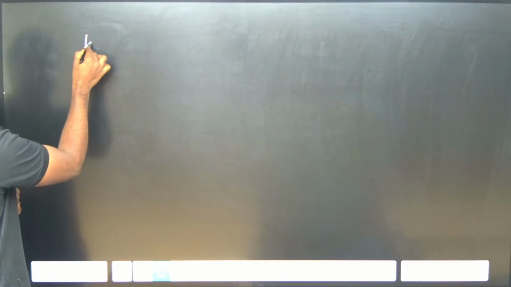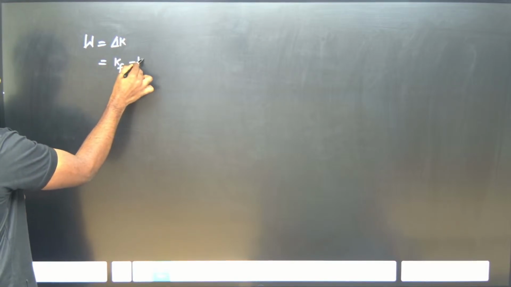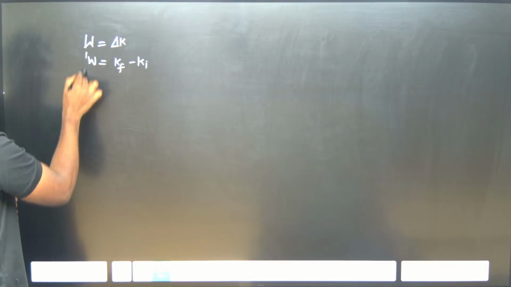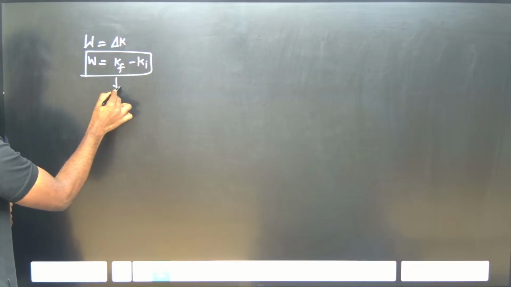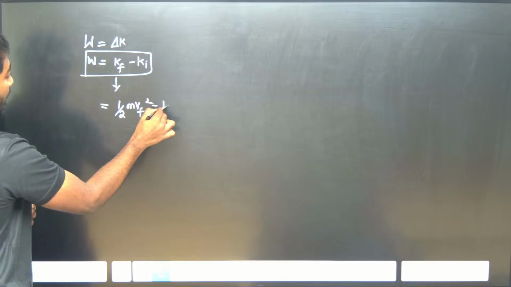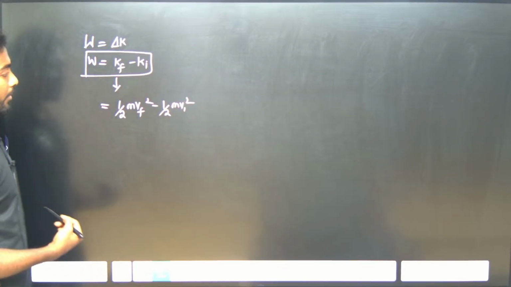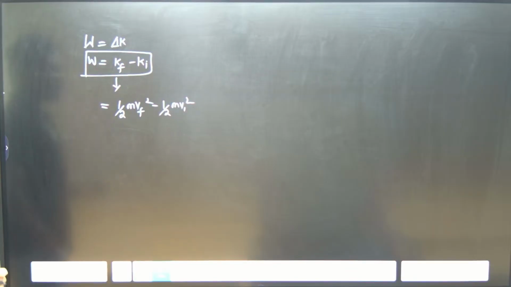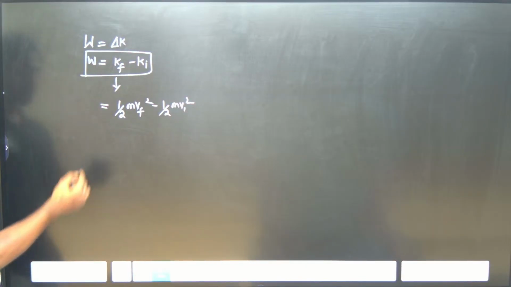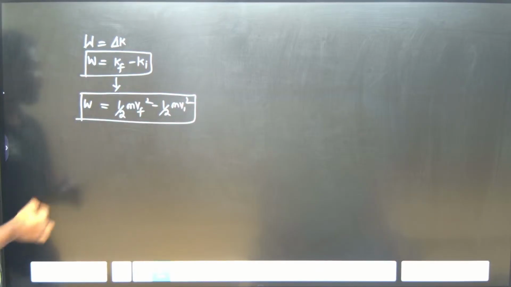Work is nothing but change in kinetic energy, which is Kf minus Ki, or else I can say this is 1/2 m vf square minus 1/2 m vi square. So it will be nothing but work.